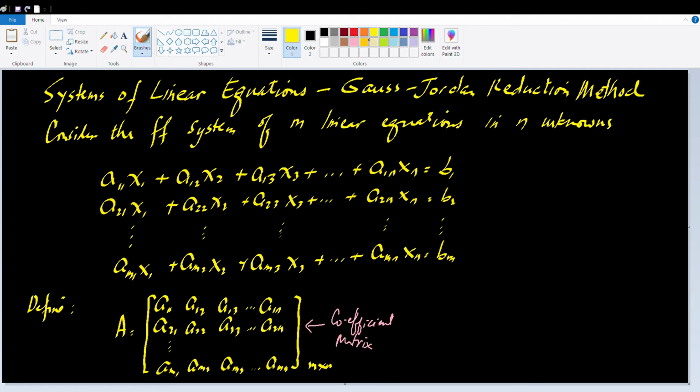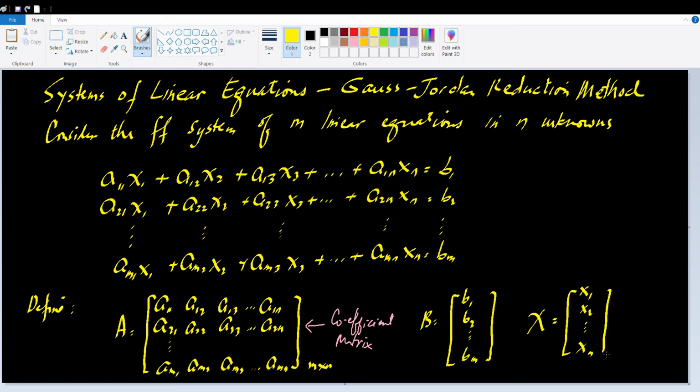We next define matrix B as the m by 1 matrix consisting of the elements b1, b2 up to b sub m. And then our matrix X, which is an n by 1 matrix consisting of the unknowns x1, x2 up to x sub n.